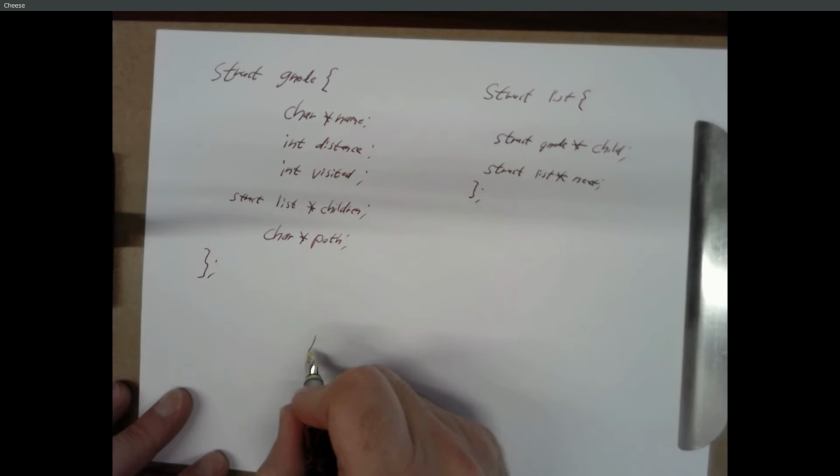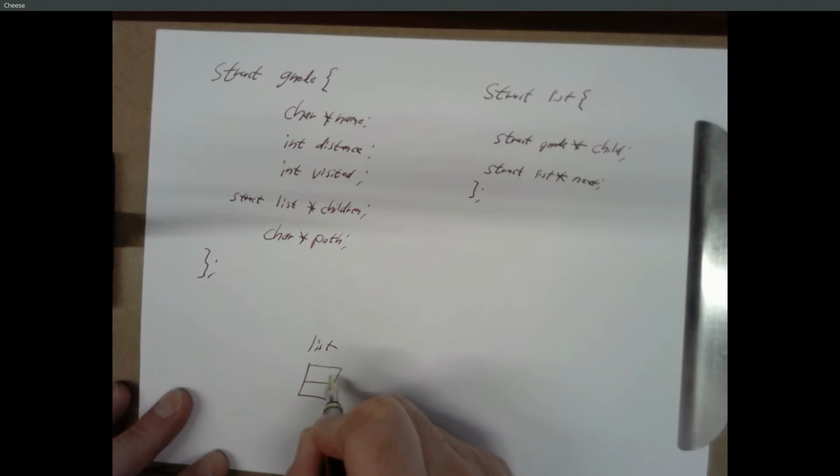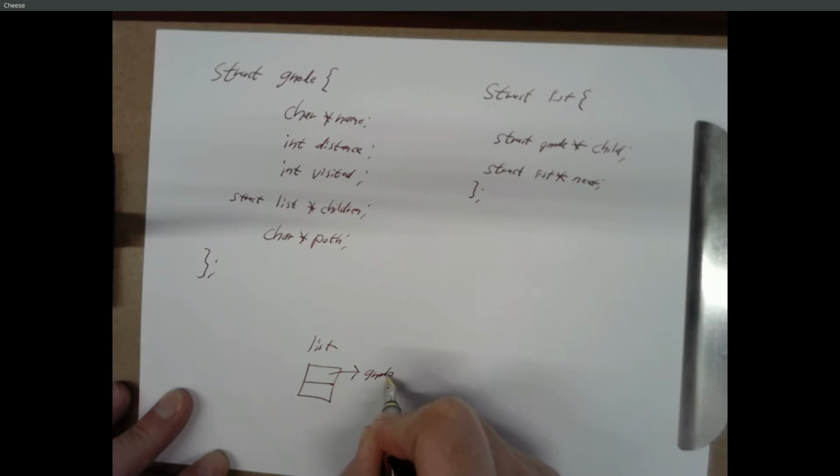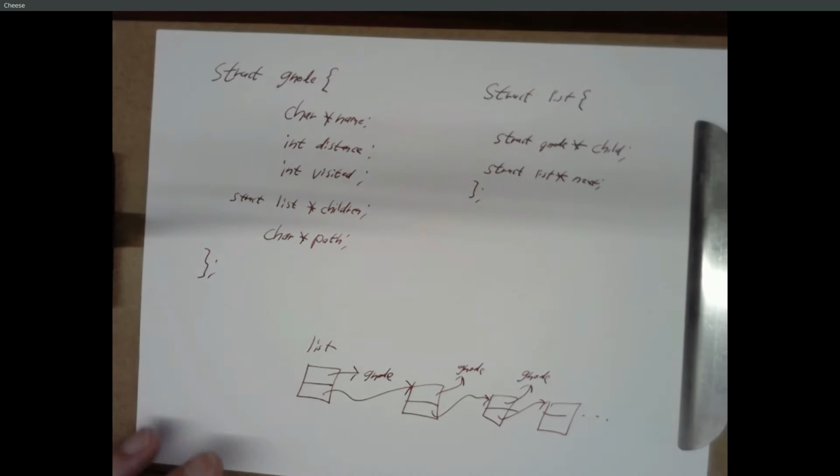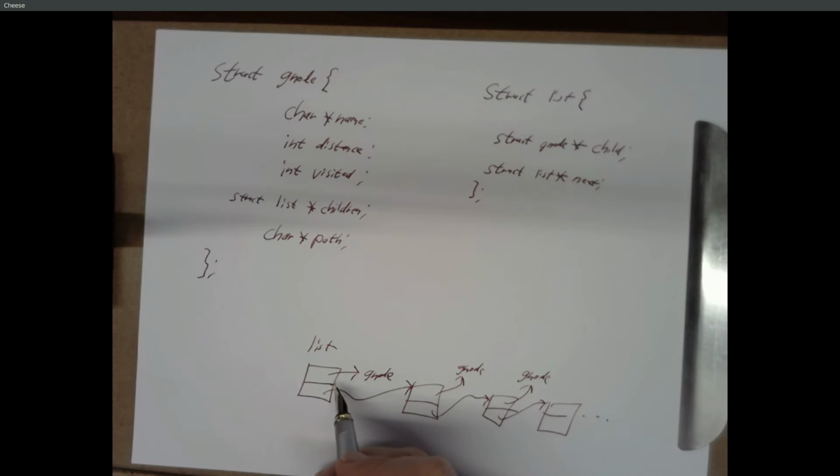So what does our list look like? Right, it's a linked list of these struct lists where the data piece points to a G node and the next piece points to another node in our linked list. And then these G nodes just capture this information.